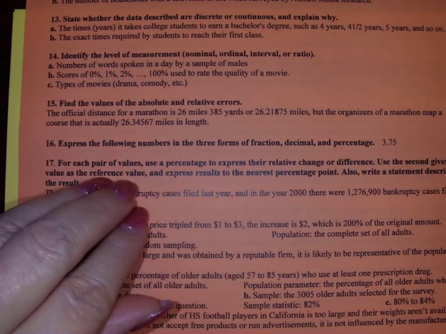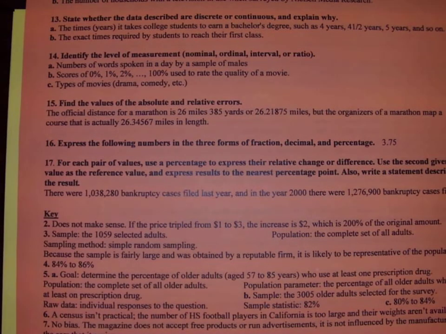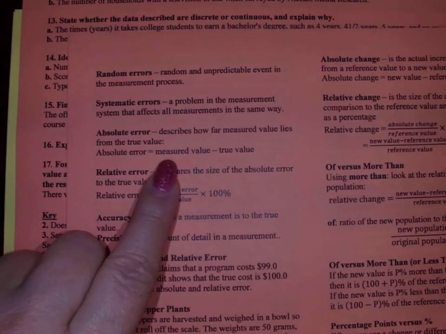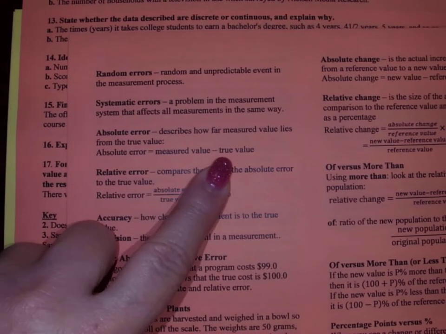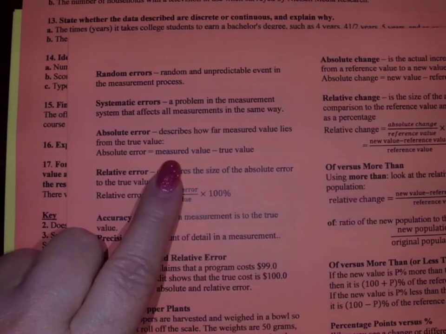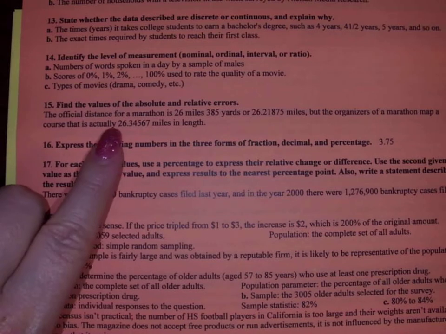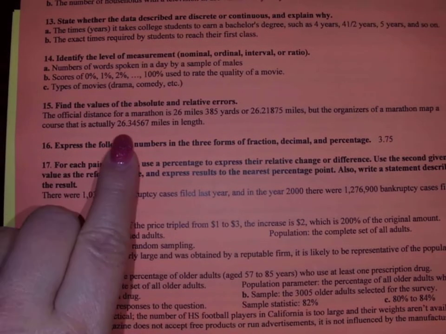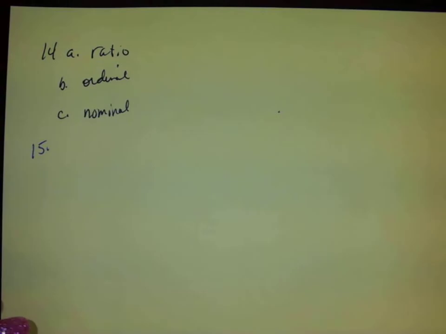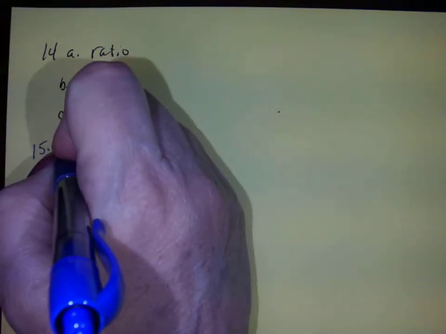Remember that your absolute error is going to be, I want to make sure I use the words that make sense, the measured value minus your true value. So the measured value will come first, and in this case, we have a measured value. We're going to subtract the true value.